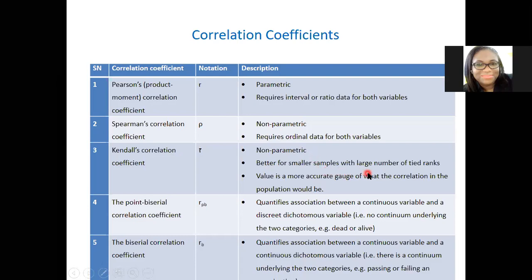Then we also have ties. What do we mean by ties? In a situation where you are trying to correlate, you have a particular score, something on a Likert scale, and on the particular score you see a lot of people having the same value, 2, 2, 2.